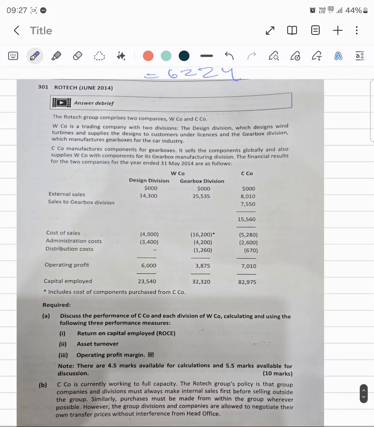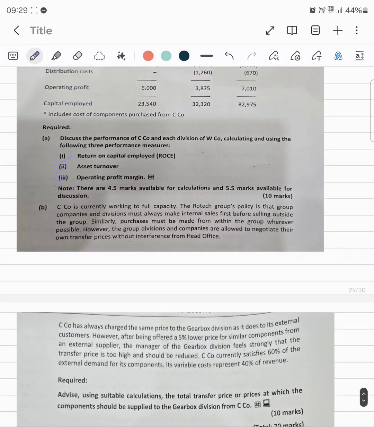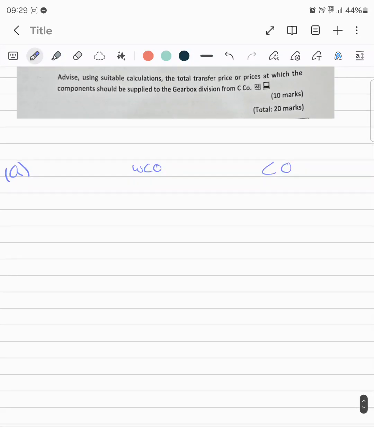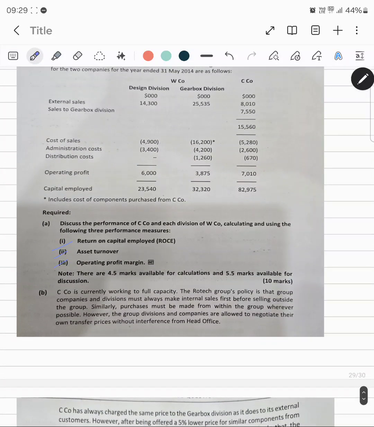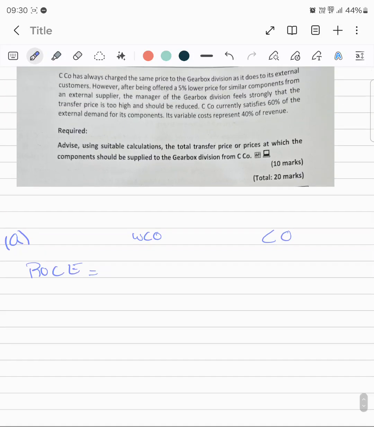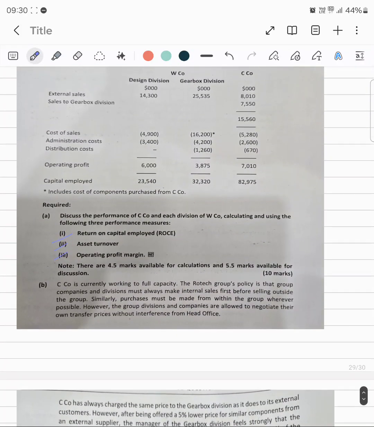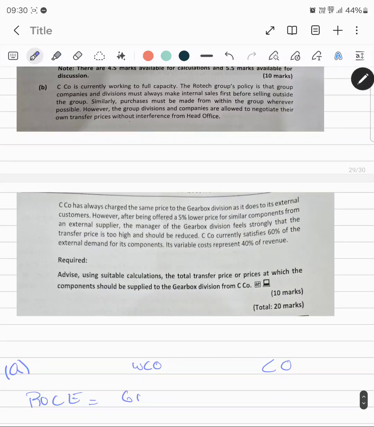So let's start with part A, which is asking us to calculate all these three ratios which are required. So let me just start with W company and C company. In part A, we have W company over here with two divisions, and C company. For W company, we have ROCE first, and for ROCE we need operating profit, and operating profit is 6,000.